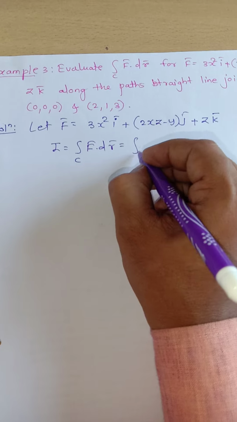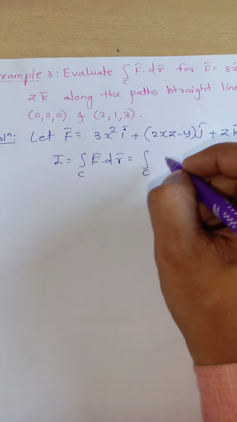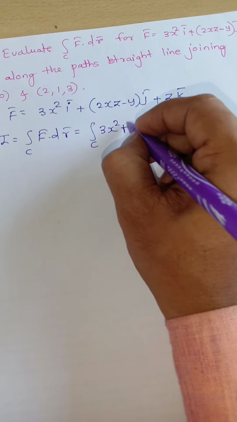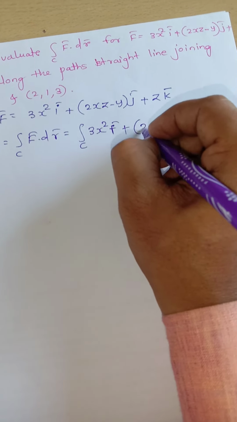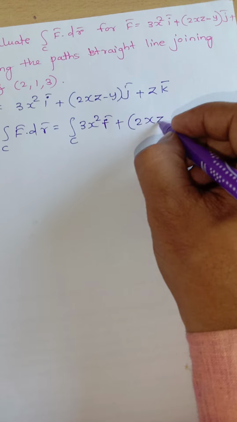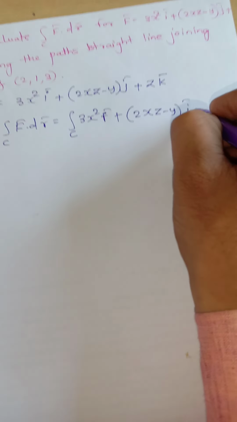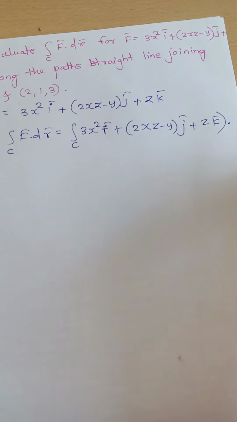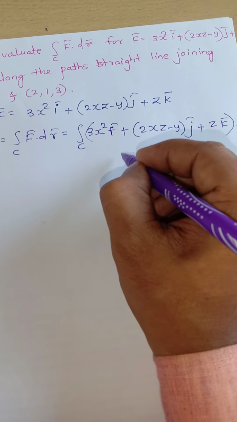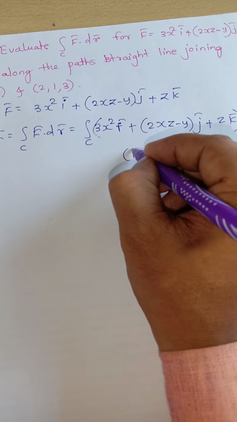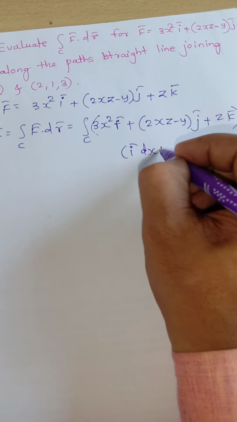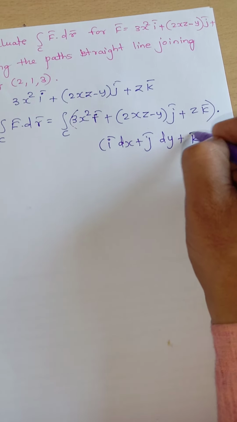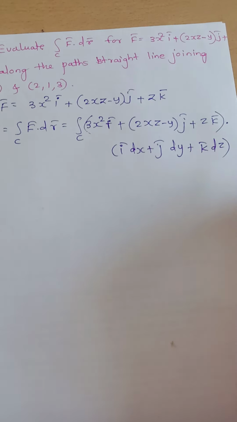This is equal to the integration over C of 3x square i bar plus (2xz minus y) j bar plus z k bar dot product with dr bar, which means i bar dx plus j bar dy plus k bar dz.